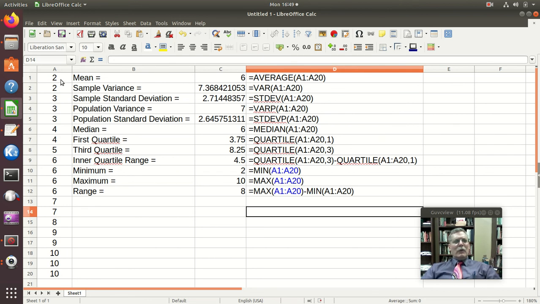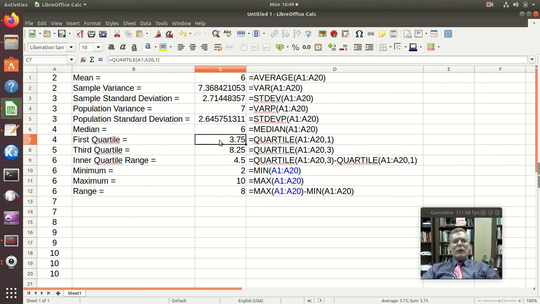You can try typing in this exact same set of numbers from the video, try the formulas and see if you get the same answers as me. The only thing I would say is don't worry greatly if, for first quartile, third quartile, and then interquartile range, you get like 3.5 and 8.5 instead of 3.75 and 8.25, don't worry about it.